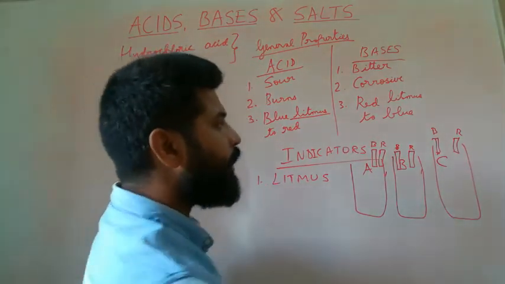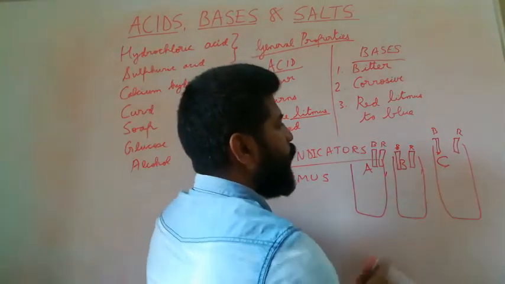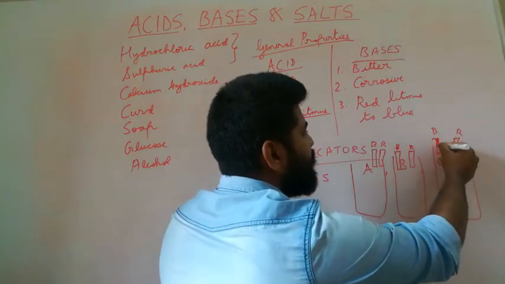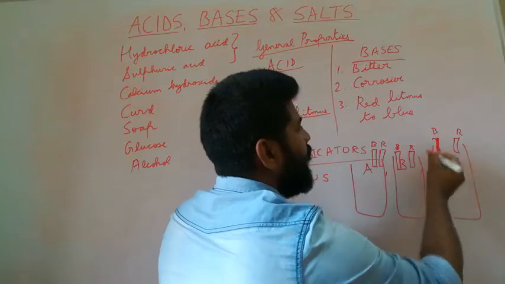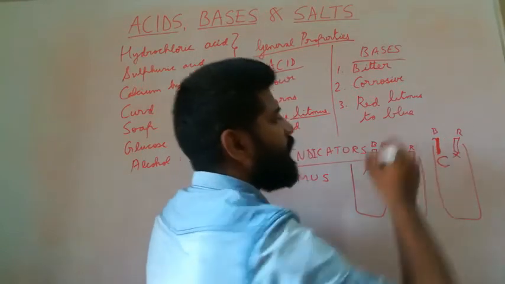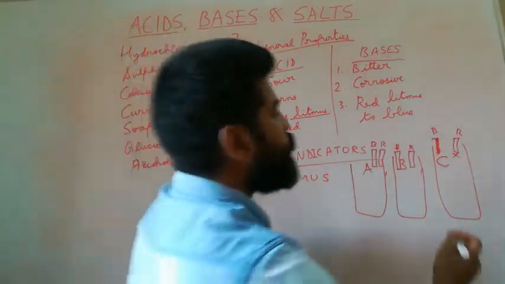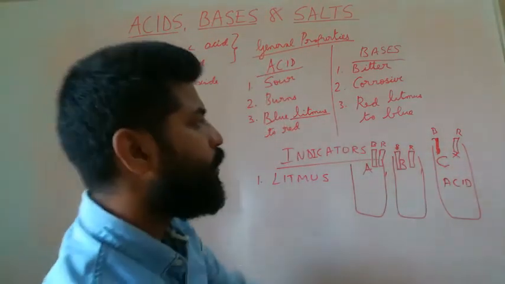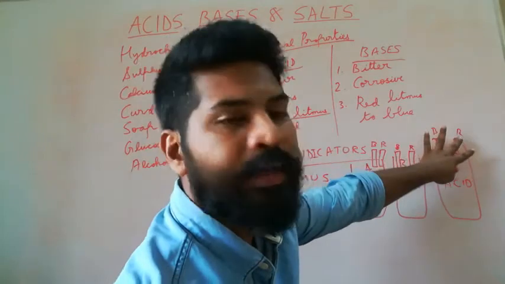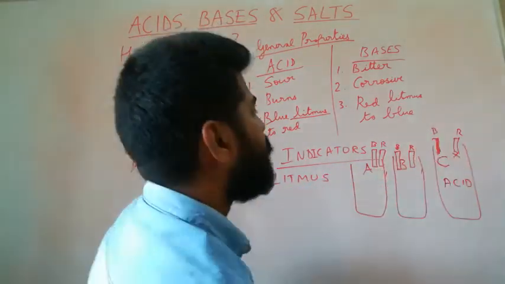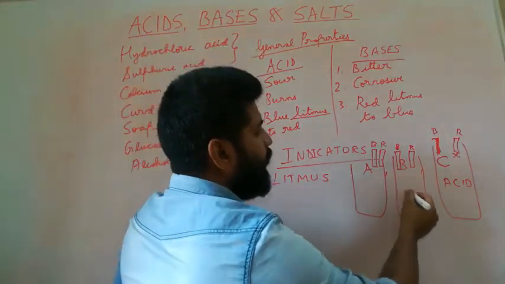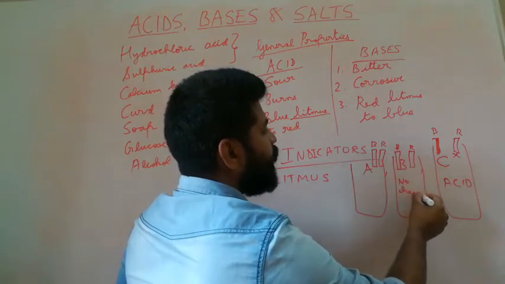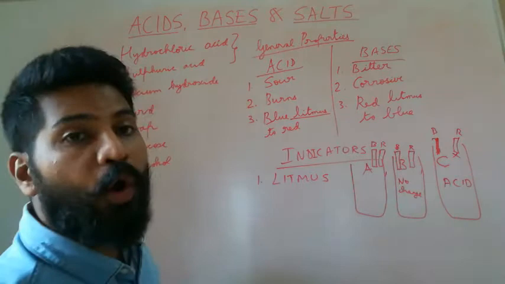For example, let us say in C we find that the blue litmus changes into red color, whereas the red litmus does not show any change in color. So we can say that this substance is an acid which turns blue into red, but red litmus does not have any effect. Whereas in B there is no change in the color of the litmus paper at all.